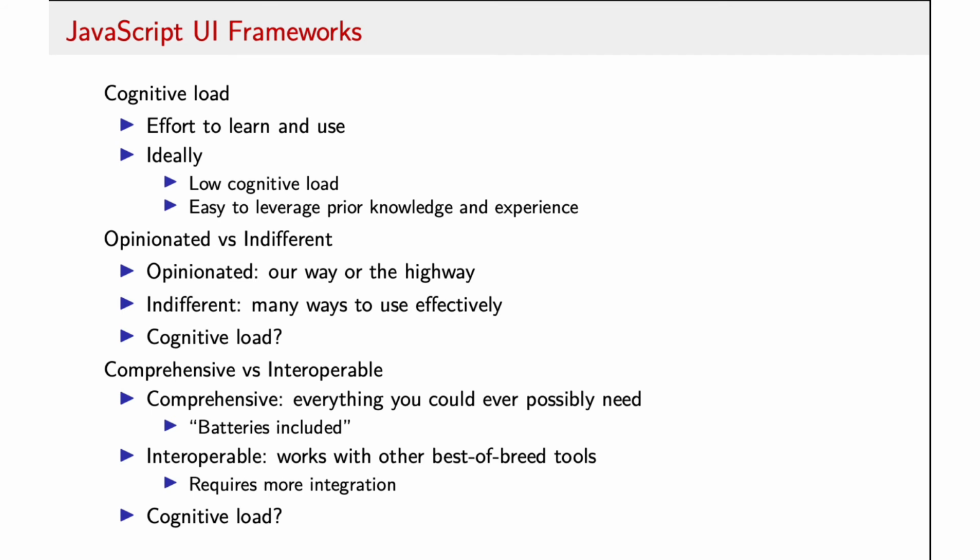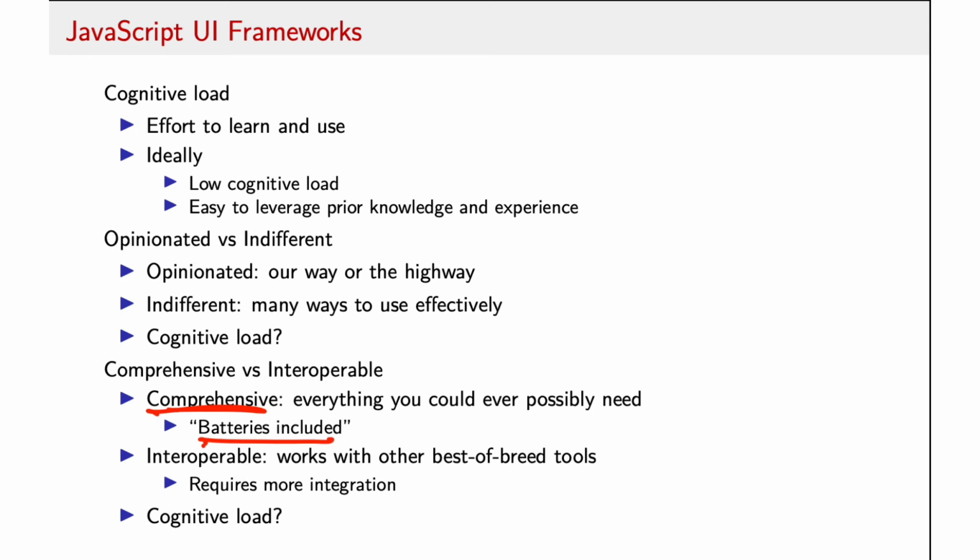Another dimension that we want to consider when we're choosing among different frameworks, again, not just UI frameworks, but that's what we're thinking about here, is comprehensive versus interoperable. So a comprehensive framework is one that tries to provide all of the pieces and parts that you could ever need in order to do this particular thing. It's often referred to as the batteries included kind of an approach to things.